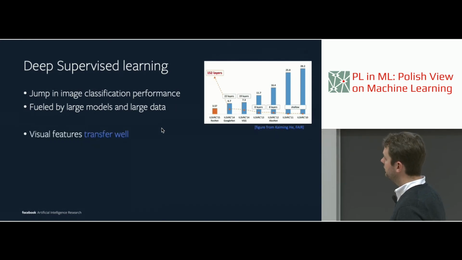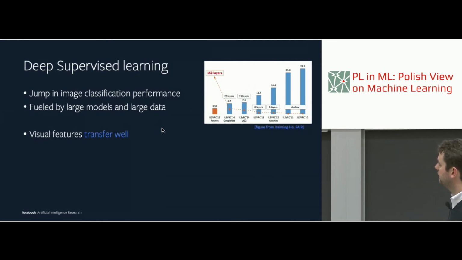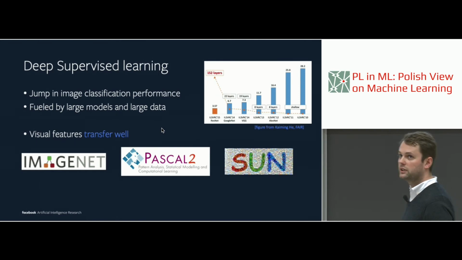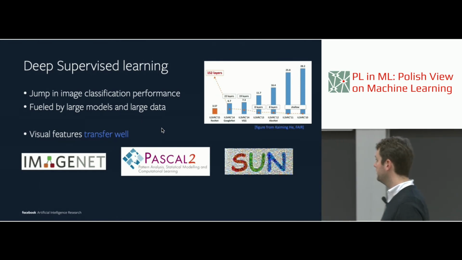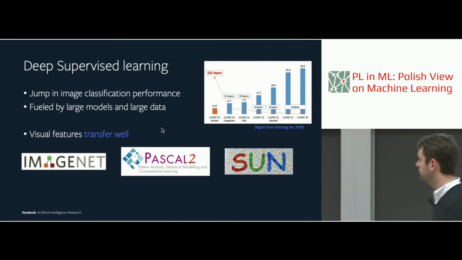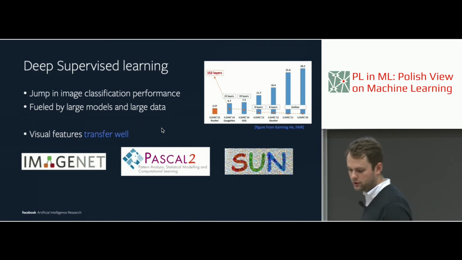One of the reasons for the success of ImageNet and these big architectures is the fact that features that you train on ImageNet transfer well. If you train features on ImageNet, you can use them on downstream tasks such as Pascal VOC or Sun, partly because Pascal VOC and Sun look like a subset of ImageNet.